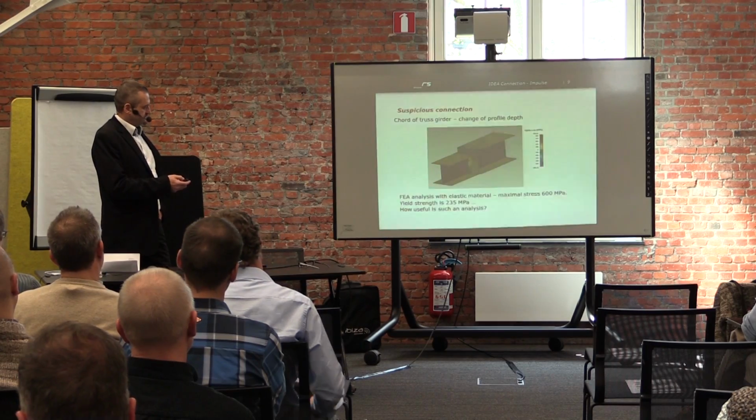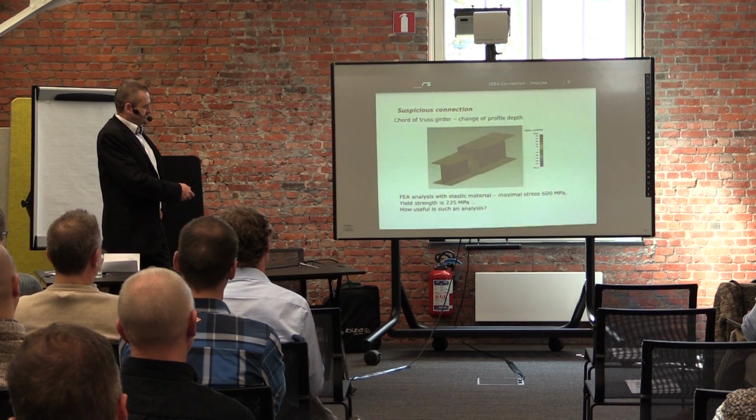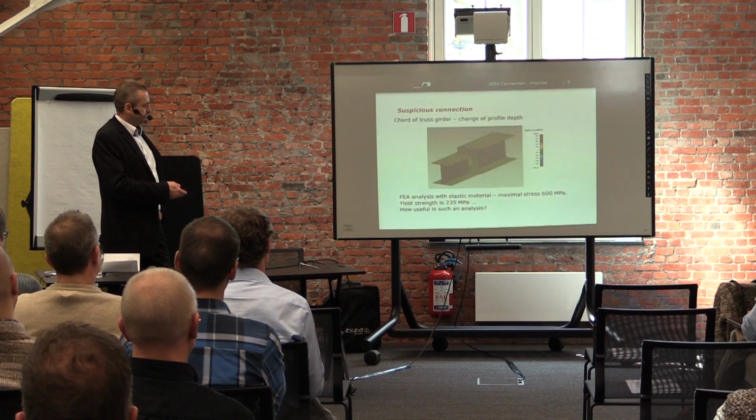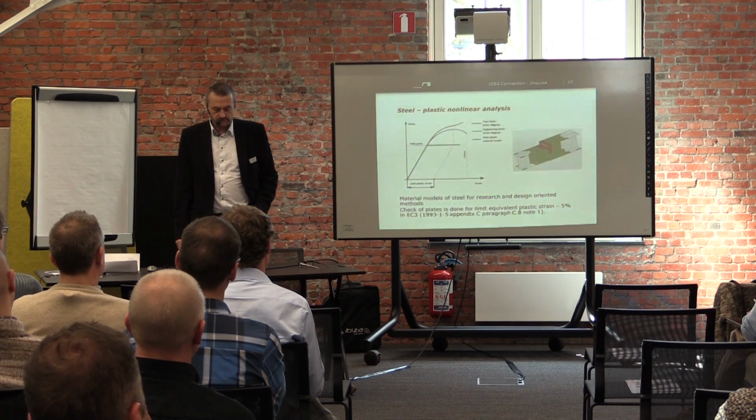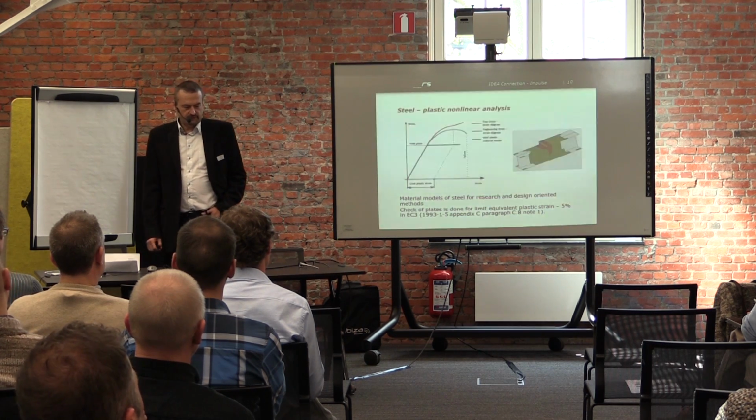So the first thing which we decided is that we cannot use this useless linear analysis, and when we want to handle connections properly, we have to go to plastic analysis. These models you already saw in the previous lecture. We use this ideal plastic material model with an elastic part and a plastic part.